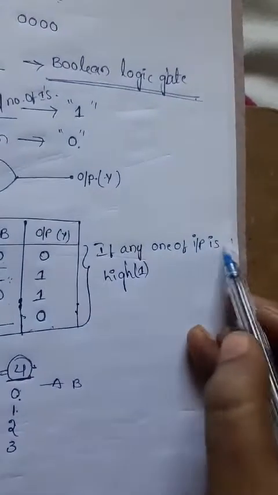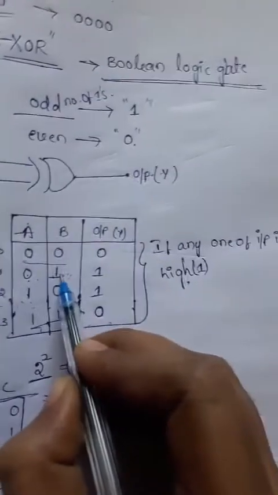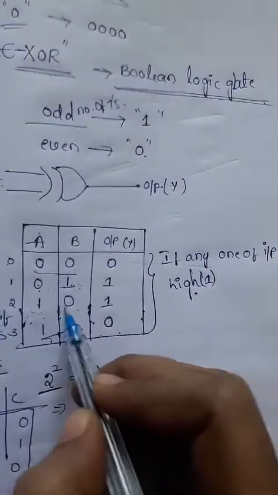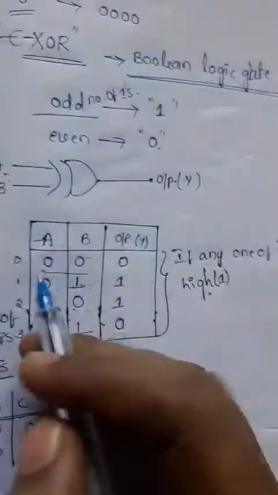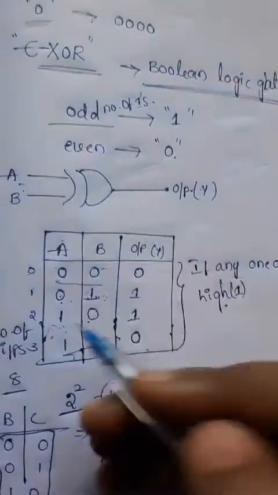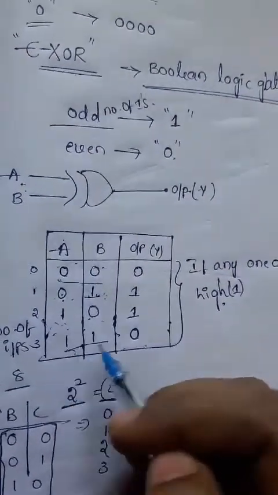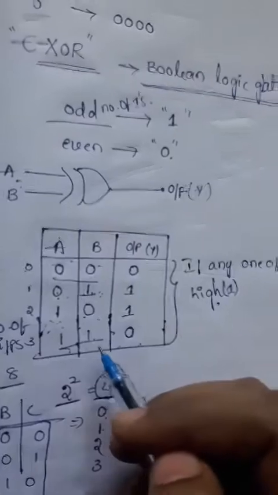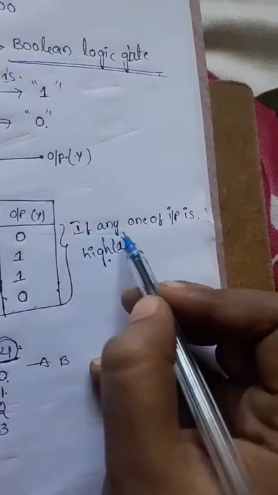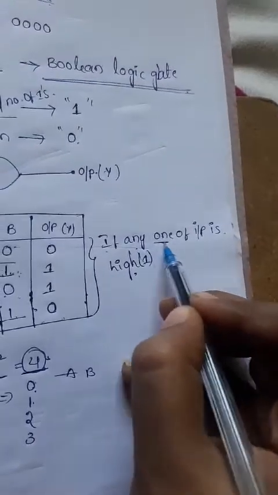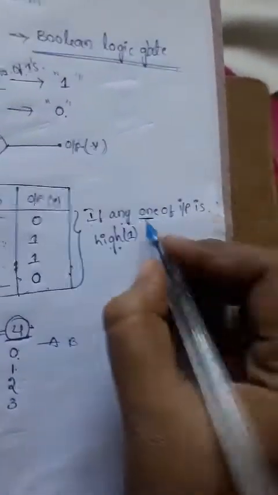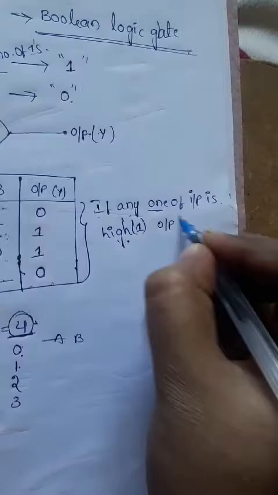So for 0 1, the 1 is high, and in the 1 0 case, 1 is high. Here 0 0 has no 1, no high possibility in that, and in 1 1 also, those are both high, right? Just observe any one only. If any one of the inputs is high, then the output is high.